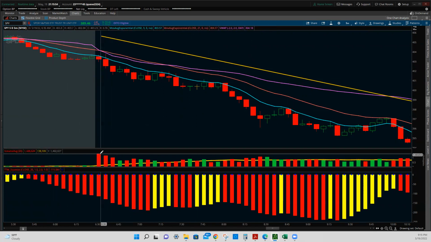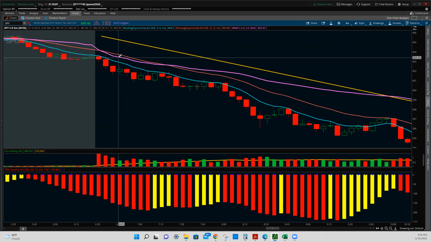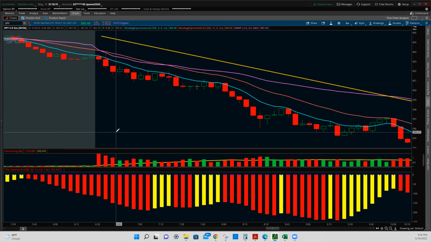The color of the volume bar needs to match what I'm seeing above. If I'm seeing these three EMAs stacked in the bearish way, with the blue line beneath the purple line beneath the red, the volume needs to be red as well, meaning there is more selling activity going on than buying.